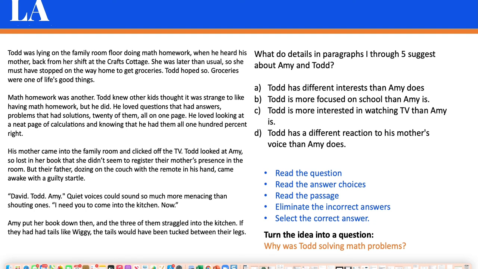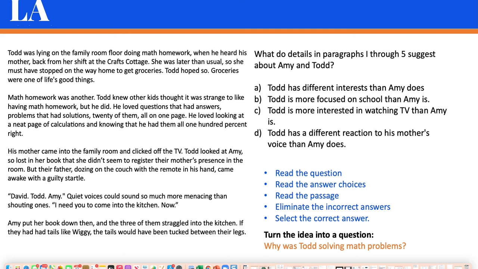Next, I have to read the passage. Todd was lying on the family room floor doing math homework when he heard his mother back from her shift at the Crafts cottage. She was later than usual, so she must have stopped on her way home to get groceries. Todd hoped so. Groceries were one of life's good things.